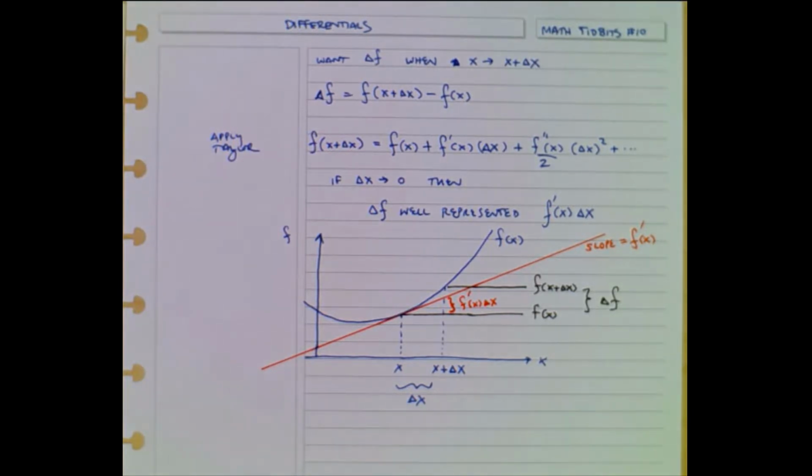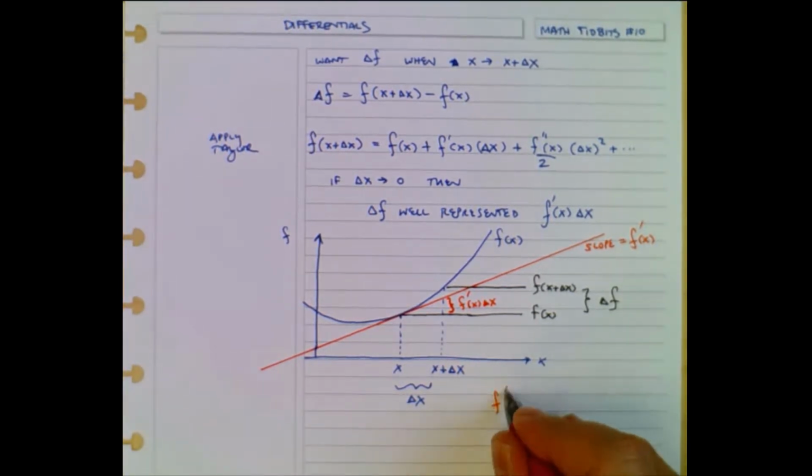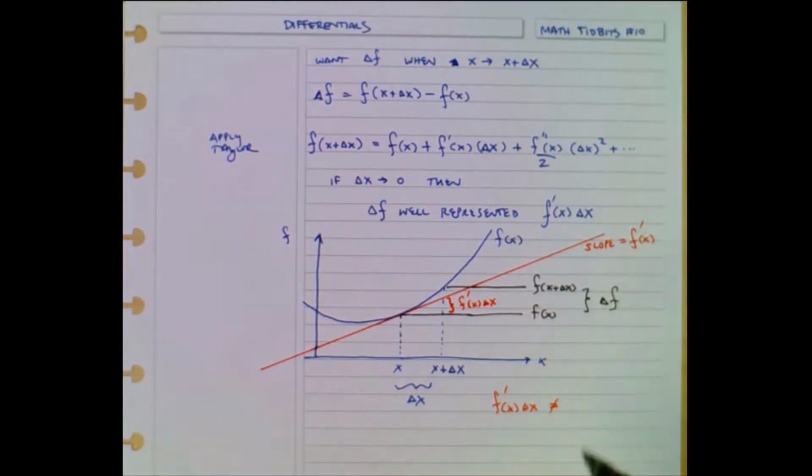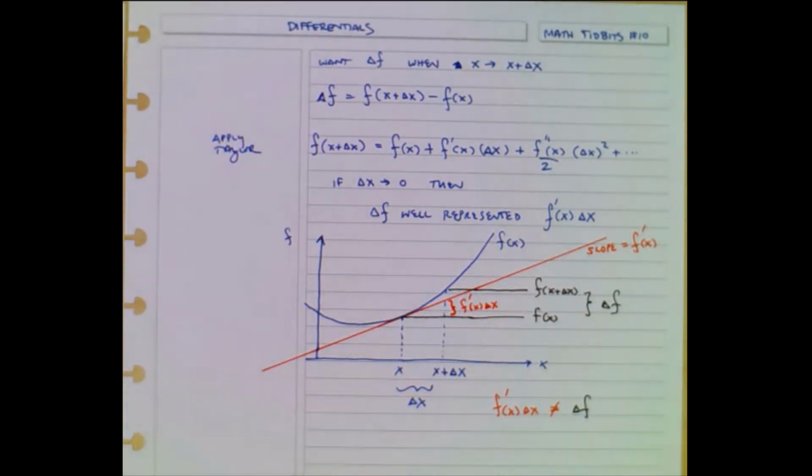And you can see it's not quite the same. F prime at x times delta x is not equal to delta f. It's not crazy far away from it. Well, I don't know. It's 2/3 of delta f. So okay, it's crazy far away.